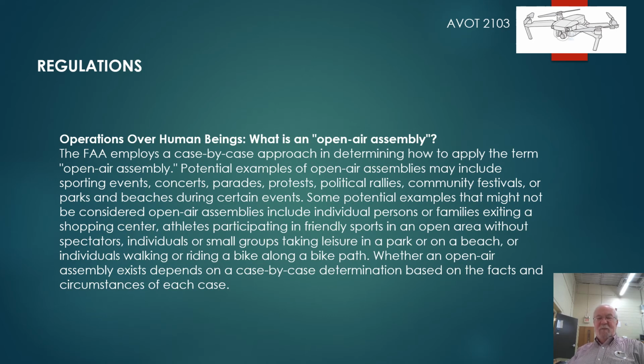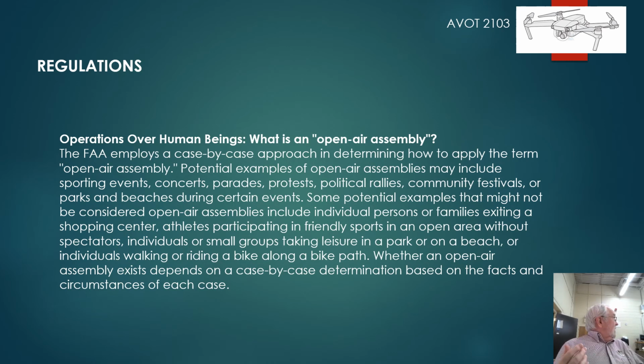Some potential examples that might not be considered open-air assemblies include individual persons or families exiting a shopping center, athletes participating in a friendly sports in an open area without spectators, individuals or small groups taking leisure in a park or on a beach, or individuals walking and riding a bike along a bike path. Whether an open-air assembly exists depends on a case-by-case determination based on the facts and circumstances of each case.